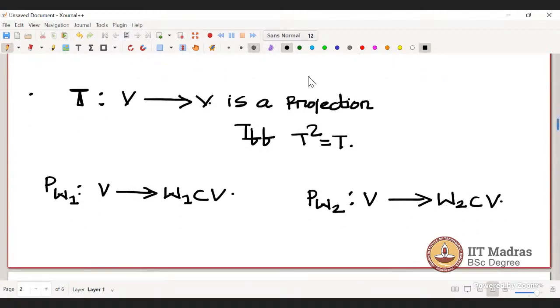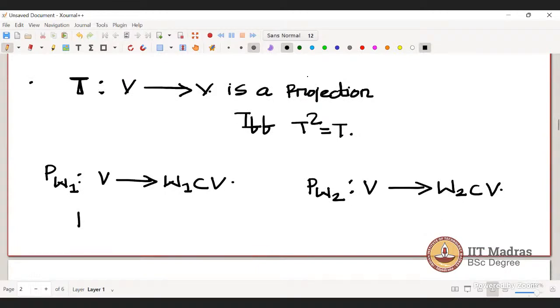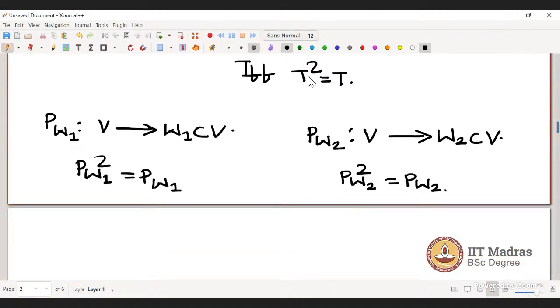So then, by this property of the projection, I can write this one, right? Right, sir. Yes, this is clear, sir. So then you are done, right?